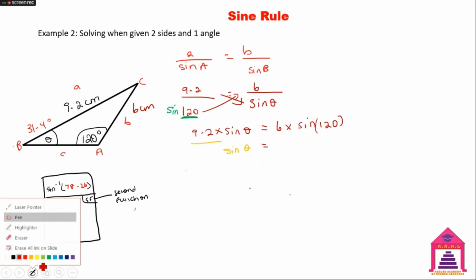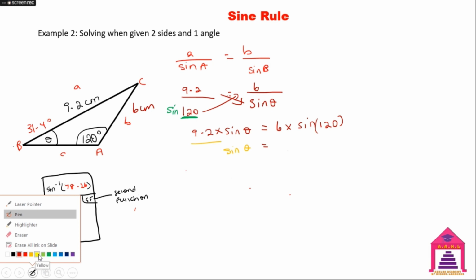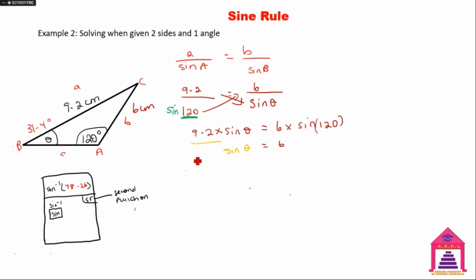And now, when you have that, 6 multiplied by sine 120, so sine 120 is equal to 0.866.